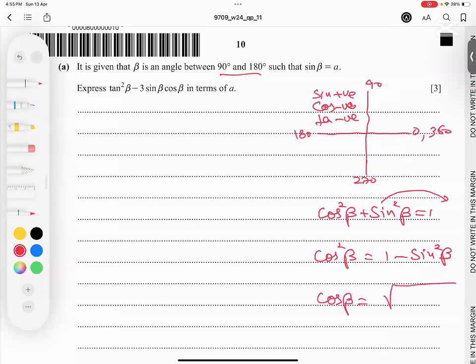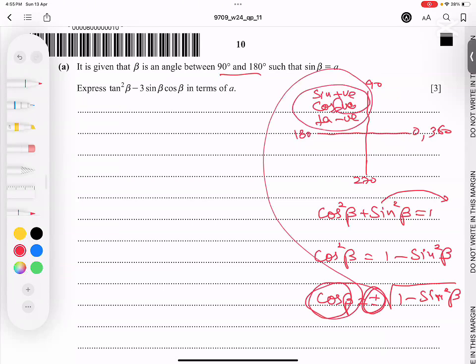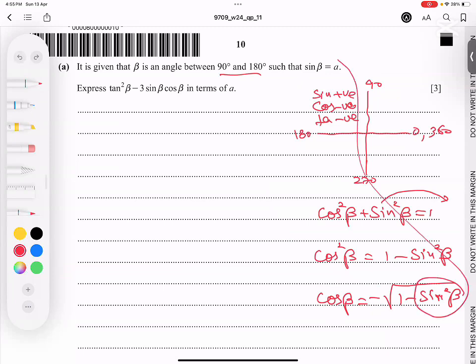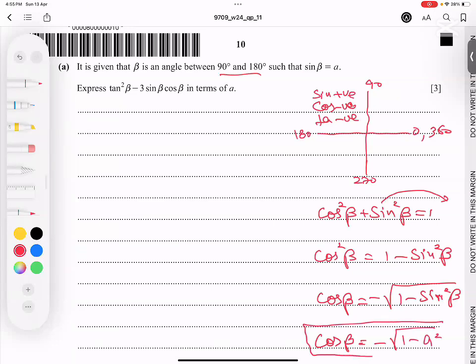Here I get root of 1 minus sine squared beta. And basically outside we get a plus and minus. But do you know cos in the second quadrant is negative? So that is why I will write only the negative sign here. And if I plug in the sine beta from here, A, so the cos beta value, finally I got negative root of 1 minus a squared.